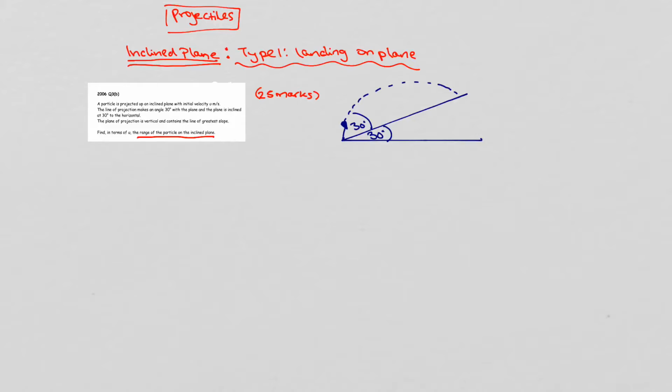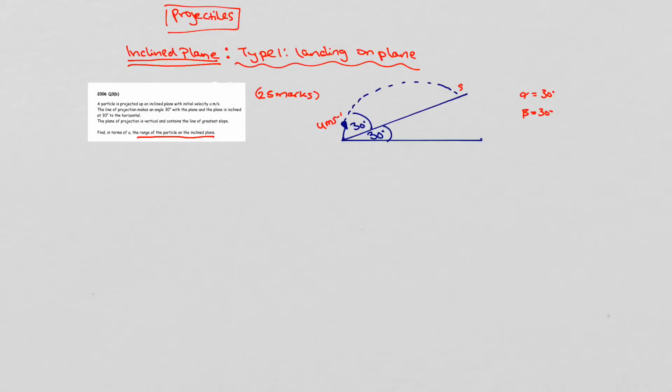Again, we're not told what the velocity is, it's just u meters per second. So in this case alpha is 30 degrees and beta is also 30 degrees, alpha being the angle with respect to the inclined plane and beta being the angle of the inclined plane itself.